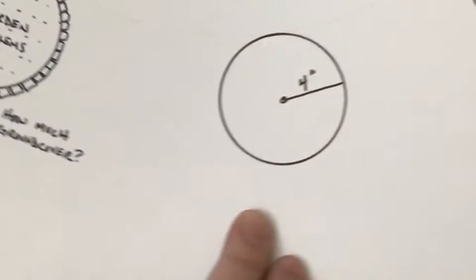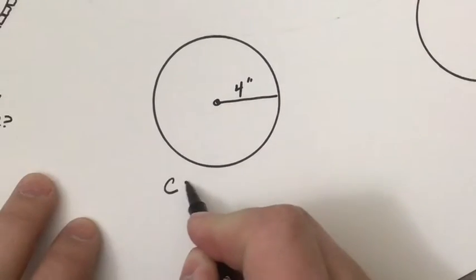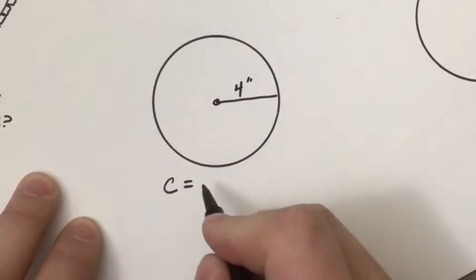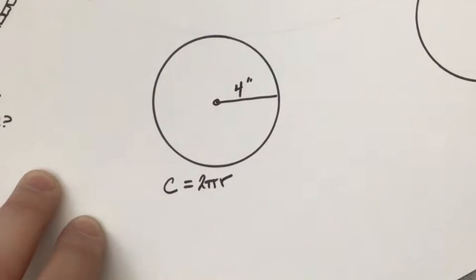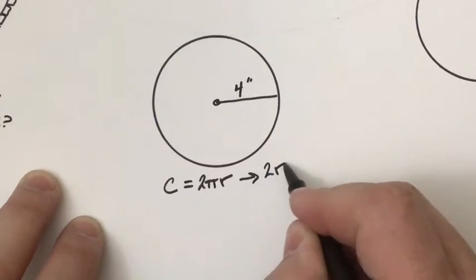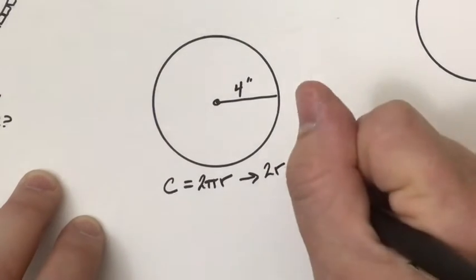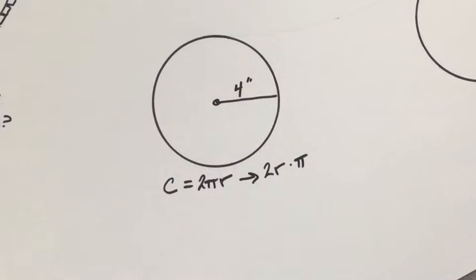Let's do some basic questions. So circumference, which we call C, has a formula of 2 pi r. We're going to leave things in terms of pi. So I want you to think of it as 2 times the radius with a pi on the end of it. It's going to do two things. One, it's going to make the math easier to do. And two, you're not going to round your answers.